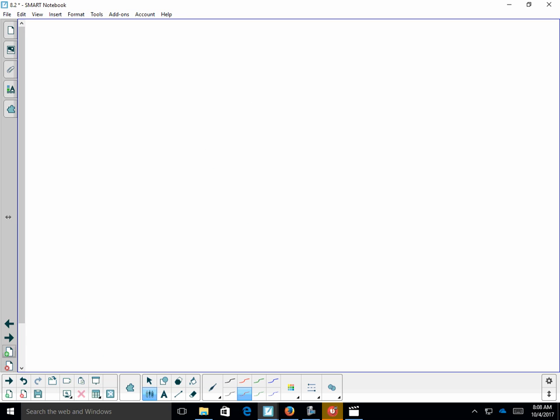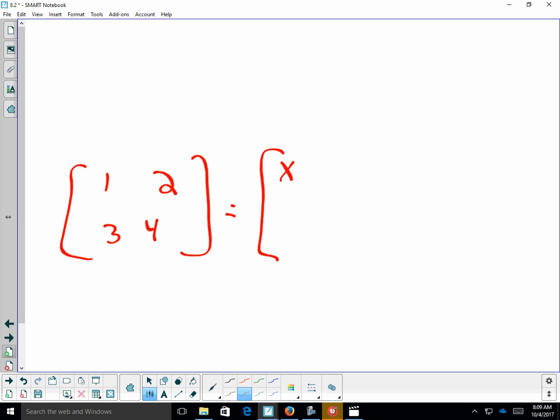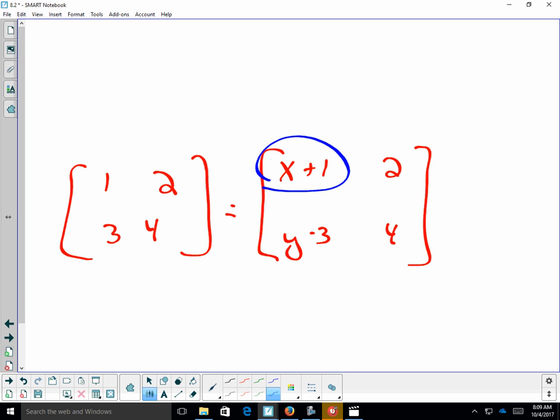So if I had something simple like 1, 2, 3, 4, and I want to say that was equal to x plus 1, 2, y minus 3, 4. In order for these two matrices to be equal, the element in row 1, column 1 has to be equal to the element in row 1, column 1 of the other matrix.